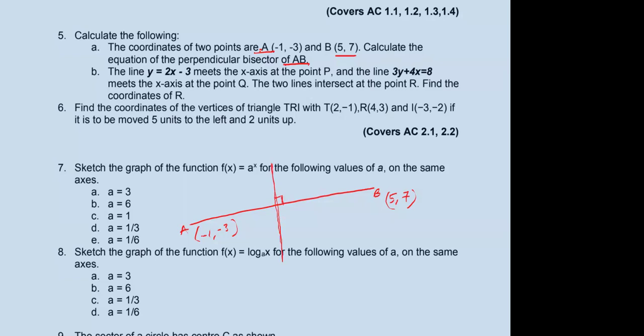If you want to find the middle coordinate here, just do -1 + 5, which is 4, and 4 divided by 2 is 2. You add these together and divide by 2 to find the coordinates, because it's the midpoint. For example, if they ask you what's the midpoint between 6 and 10, can you tell me what it is?